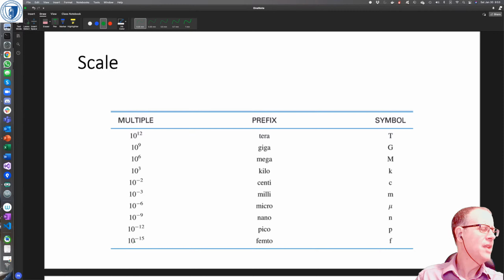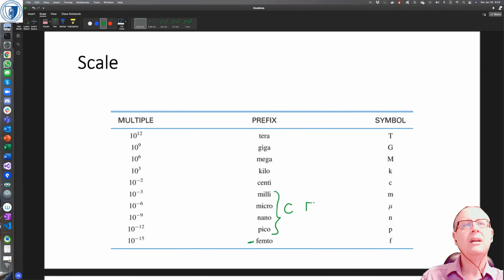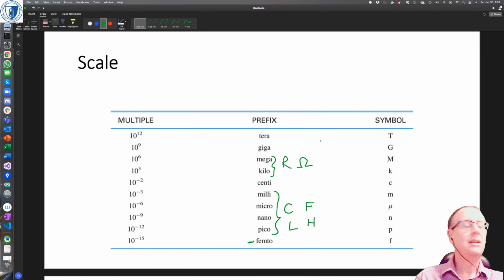I don't tend to use stuff down at the femto level, but certainly we use these for capacitance values in farads and inductance values in henries. And then we tend to use these for resistance values in ohms.